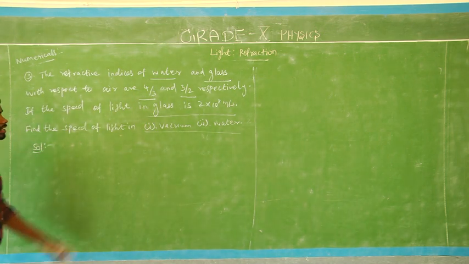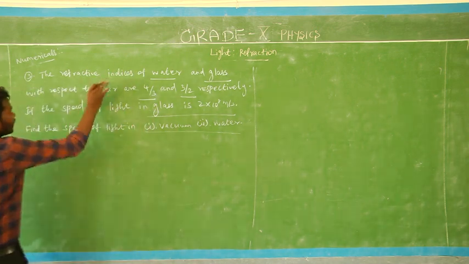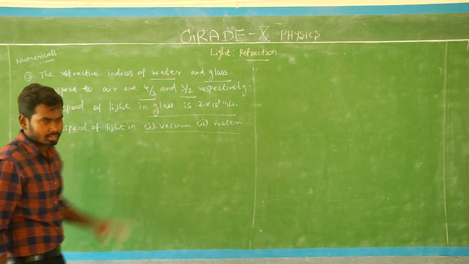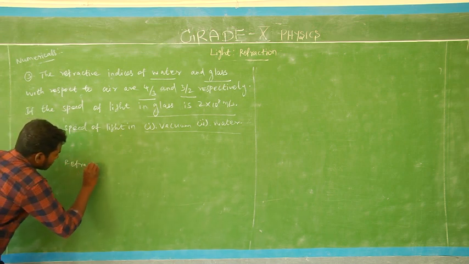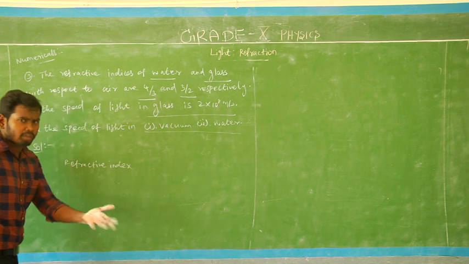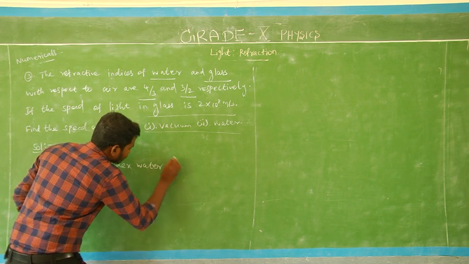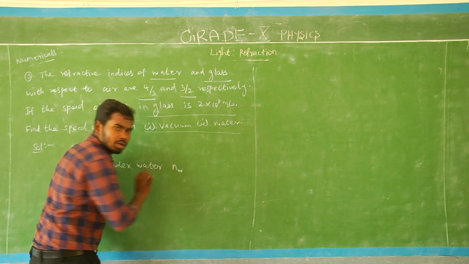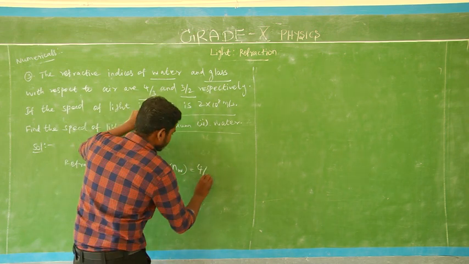First you write what are the values you know. First you write all the values. So here, first one is refractive index of water and glass. This means absolute refractive index. So refractive index of water with respect to air, which means N water, is equal to 4 by 3.